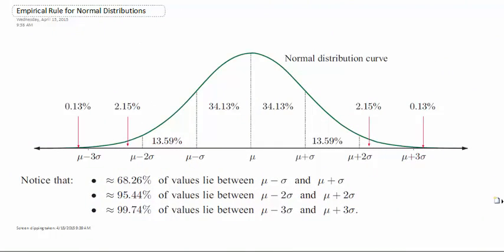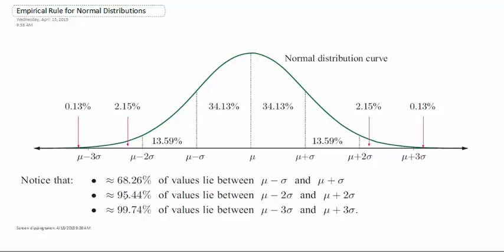And there is something known as the empirical rule. If data is normally distributed, within one standard deviation of the mean, going one standard deviation either way, and we'll talk more about what this means in a minute, approximately 68% of all the data will lie one standard deviation away from the mean.